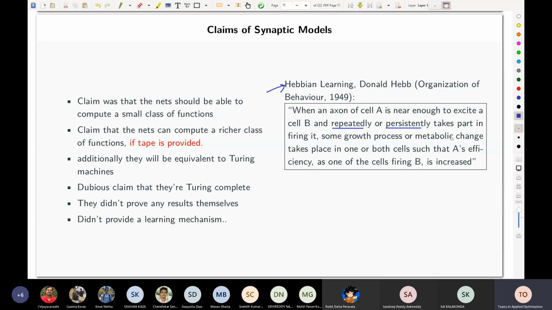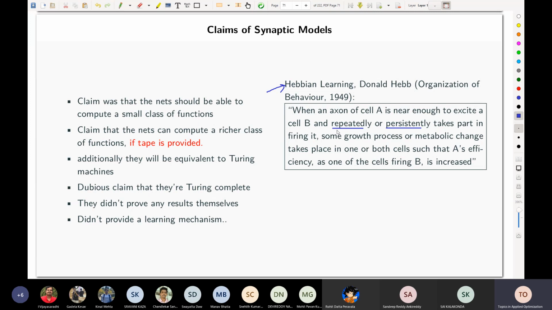It says that learning should get strengthened if the excitement happens repeatedly and persistently. If it is not getting excited repeatedly, more and more, it will learn less.